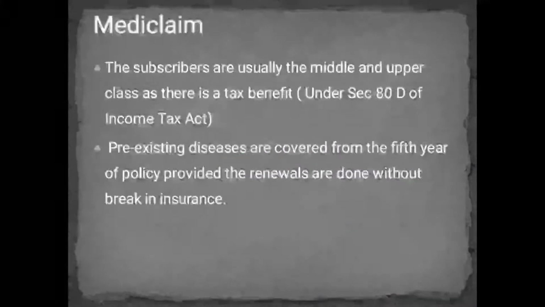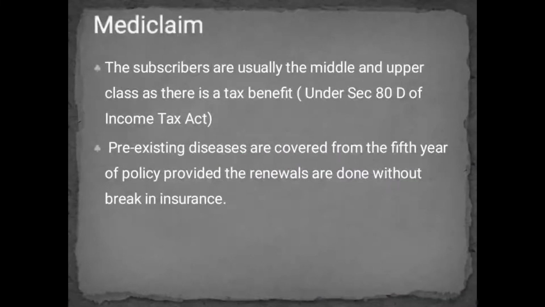The subscribers are usually the middle and upper class, as there is a tax benefit. Under Section 80D of the Income Tax Act, there is a tax exemption for medical insurance policy holders. That's why many people go for it, and usually the people getting the benefit are middle and upper class. Lower class people are not opting for this.